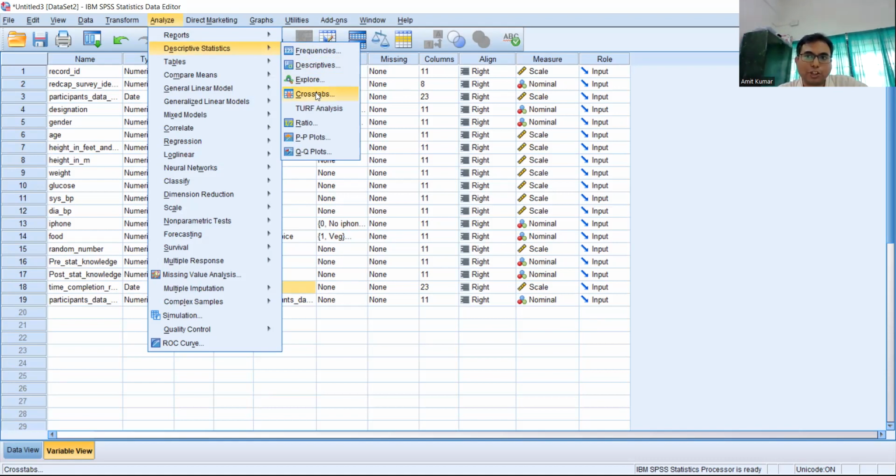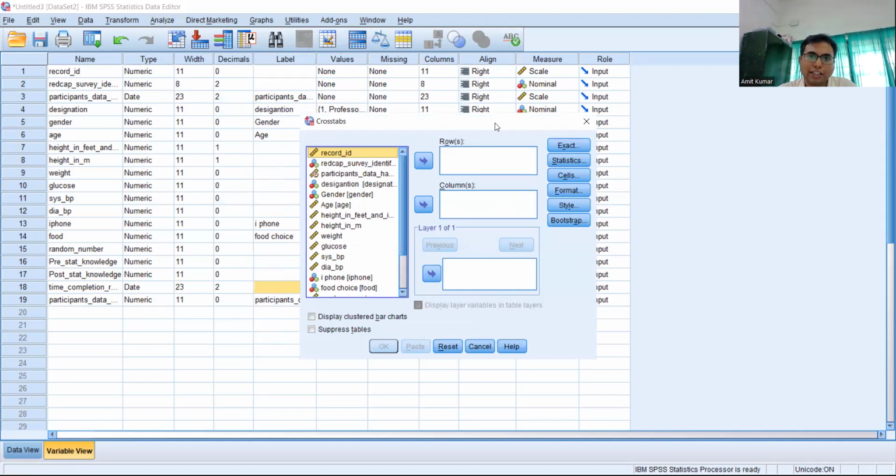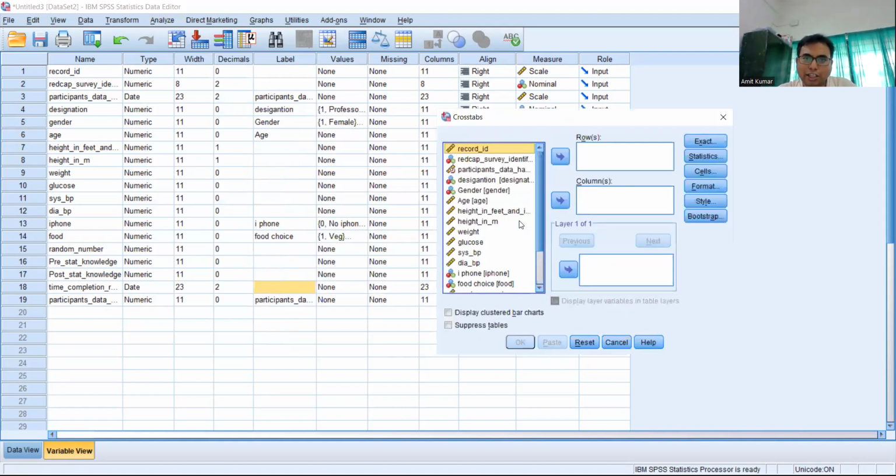We have to select Crosstabs. In Crosstabs, you have to select the variable for the row and column. In the column, we will select the group variable where we want to compare. Male and female is our group, so I will take gender in the column, and in the row we will take iPhone user.